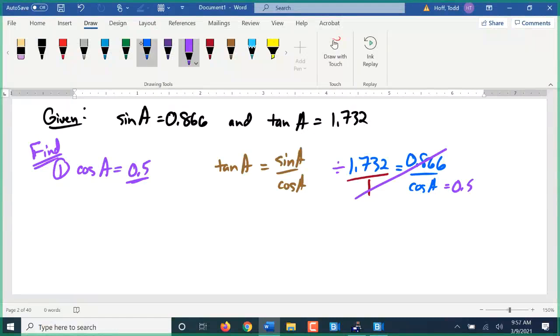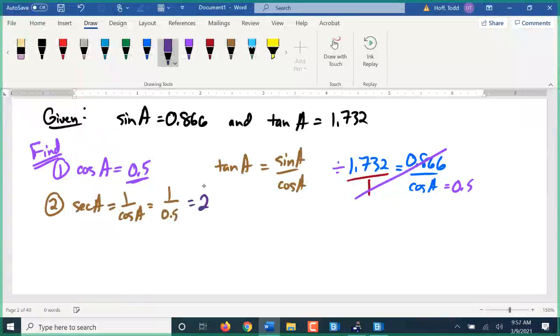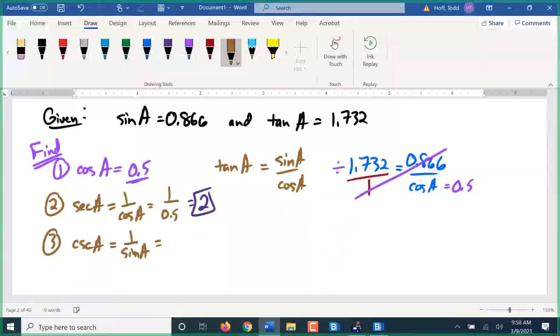Once I have that, all of my other trig functions fall into place. I can find the secant of A because it's 1 over the cosine of A. So it's 1 over 0.5, otherwise known as 2. I can find the cosecant of A because it's just 1 over the sine of A, otherwise known as 1 over 0.866, which I believe is 1.15.